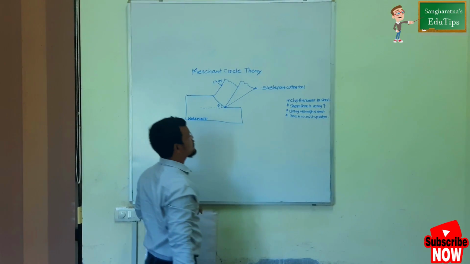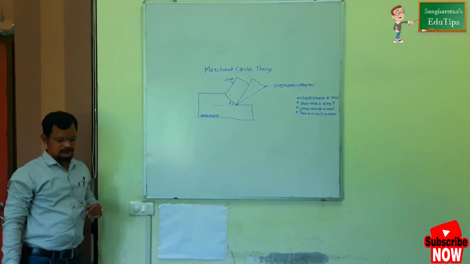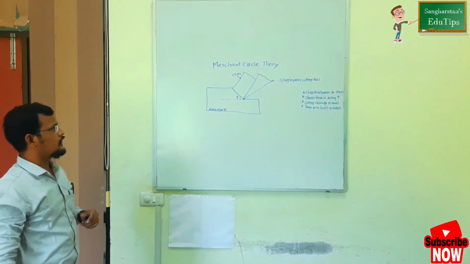So these are the various important assumptions while discussing the Merchant circle theory, right?